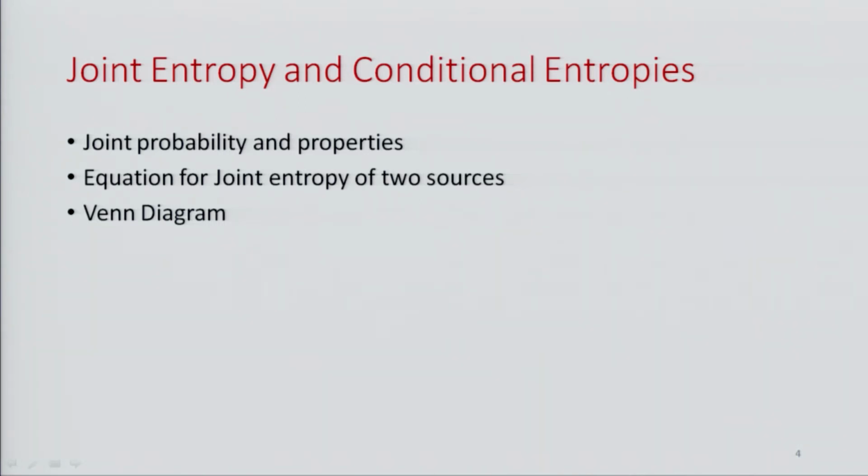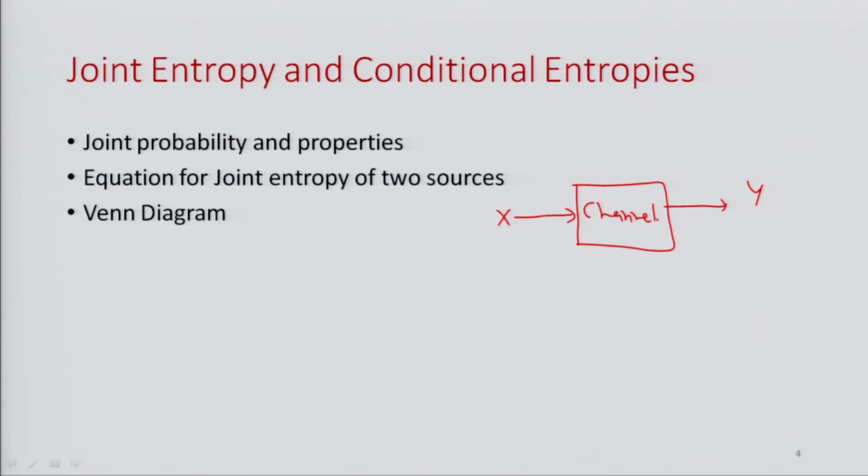Now, come to the next, that is the joint probability. The concept of joint probability arises, suppose this is a channel medium. It is accepting some symbols from a source X and giving some symbols at the output. X also works as a source, and in the same way Y is also working as another source.